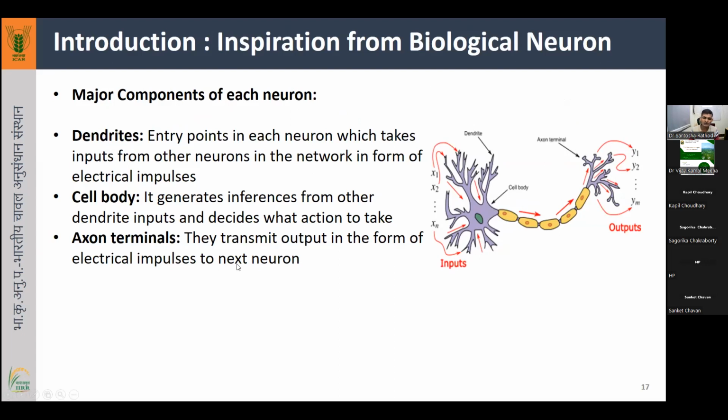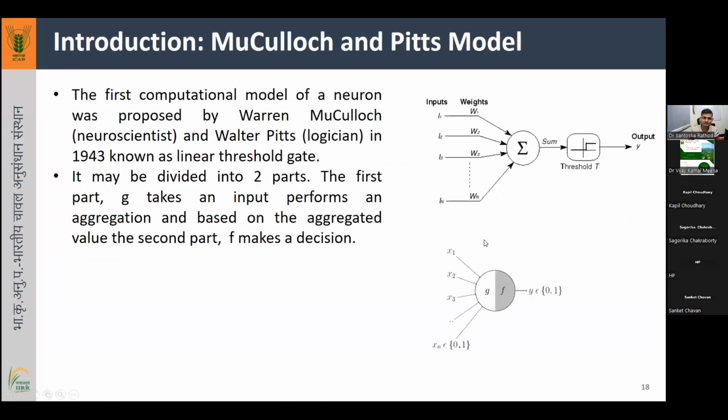Finally, the axon terminals are where the output comes out, and this output may act again as input for other neurons. So in a neural network also, we have 3 layers: input layer, hidden layer, and output layer, all inspired by the human brain, where information is processed in the cell body.